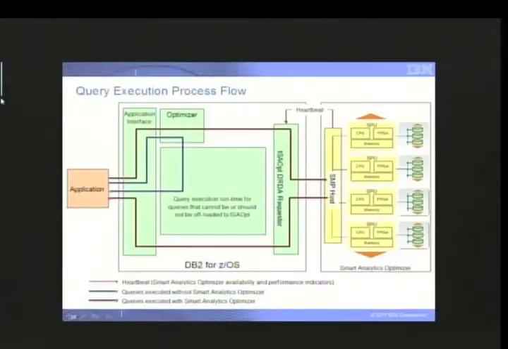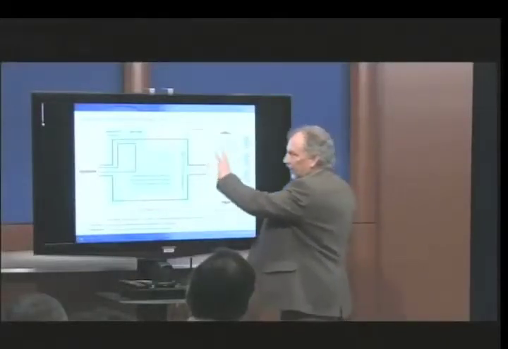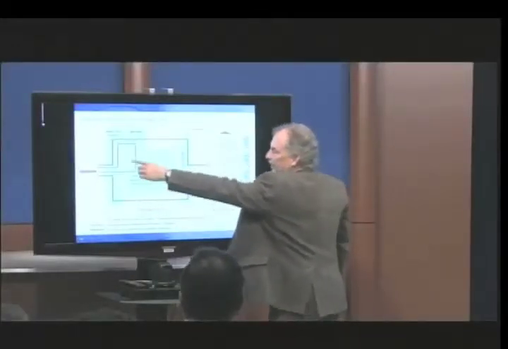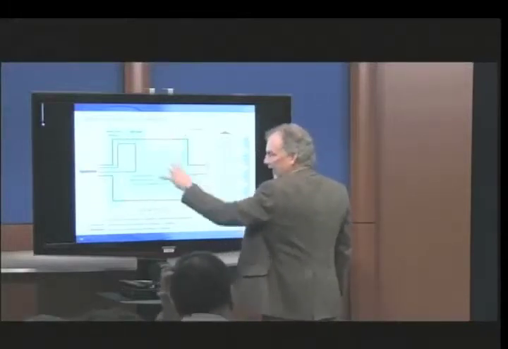There's actually multiples, but there's a one-to-one relationship: each CPU has an FPGA, and each CPU and FPGA has a disk. So you have this massively parallel processing environment with scale out, where this CPU is only accessing this disk through that FPGA. You have the SMP controller host right here. Over here you've got your DB2 z/OS. So here the request comes in, goes to the optimizer. The optimizer says run it in DB2.